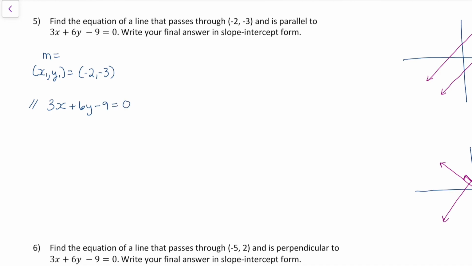Again, it's parallel to this line. So that is telling me that the slope will be the same as this other line. So I need to first find out, well, what is the slope of this line?